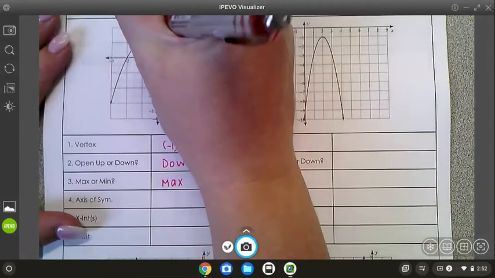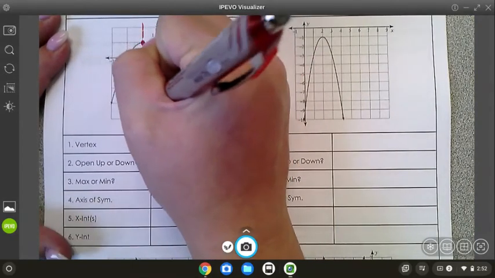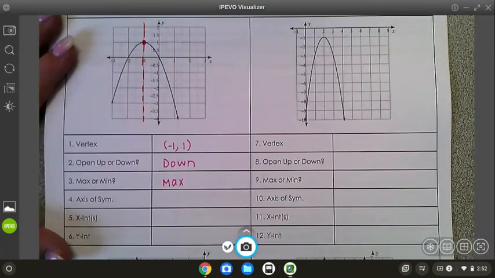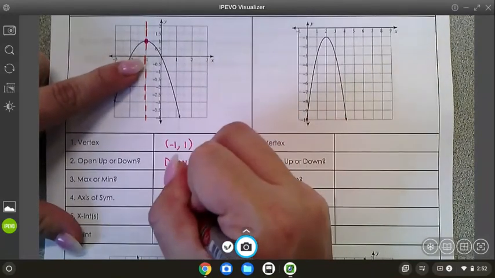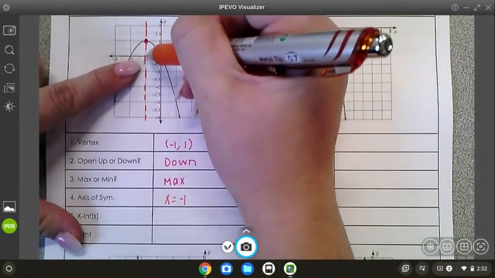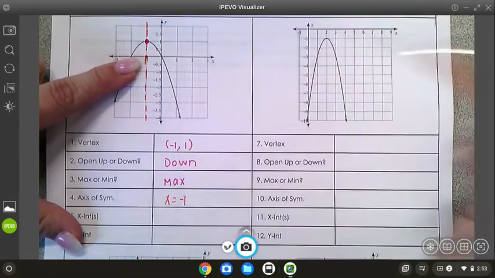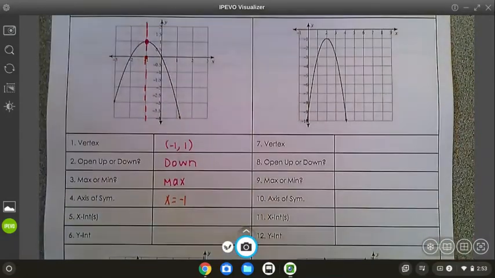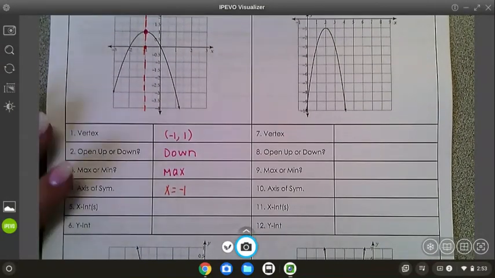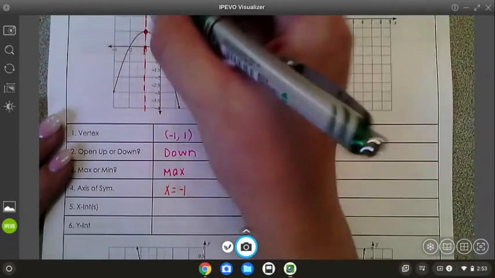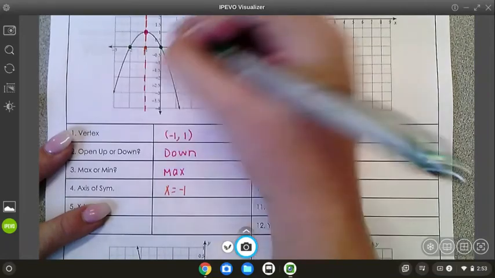The axis of symmetry is this line that goes through the vertex, right here. And remember, we do this x equals, and it's going to be -1 because it hits on the x-axis at -1, and that's also the x value of the vertex. So the x-intercepts here and there.